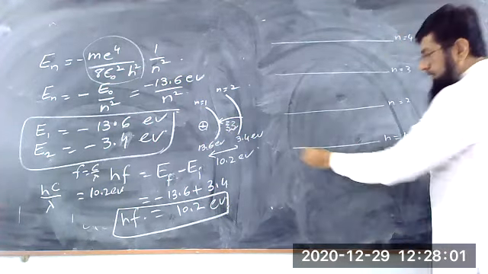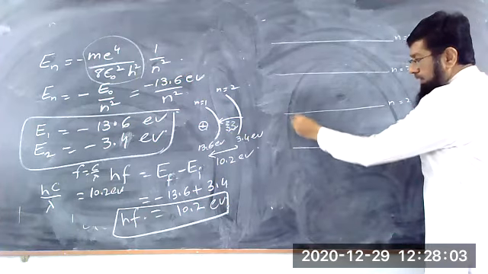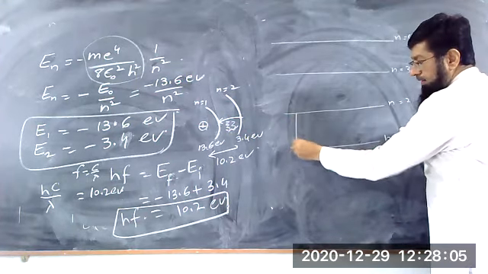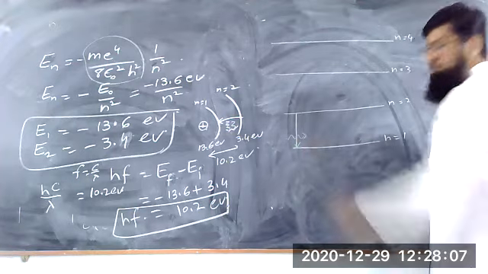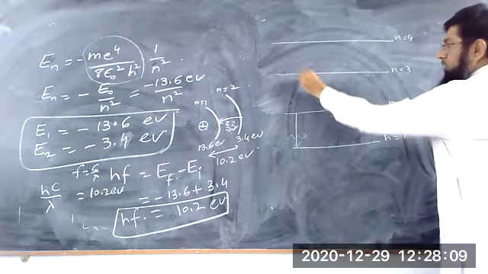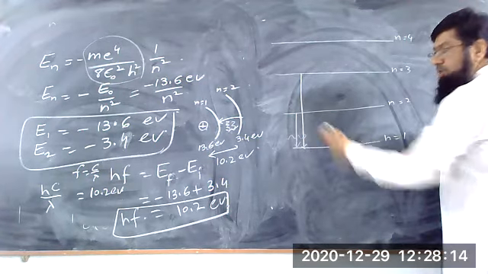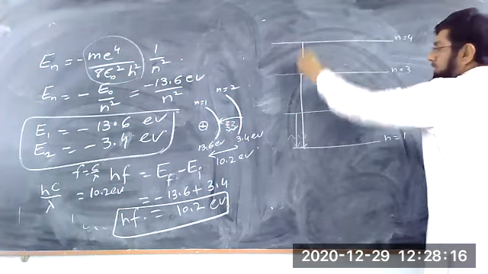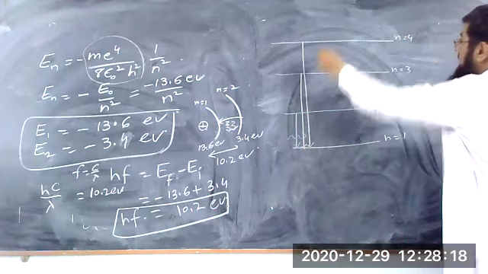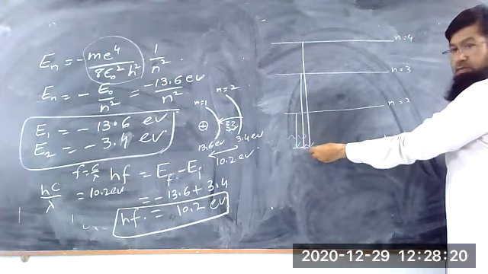It means if the electron is in the higher level and jumps over here, it emits out a photon. The electron may de-excite from this level to this level, and this gives you the series from this level to this level, from n is equal to 4 to n is equal to 1.